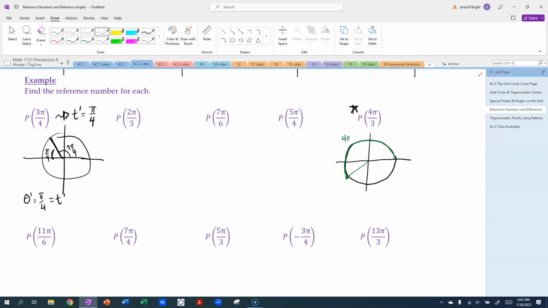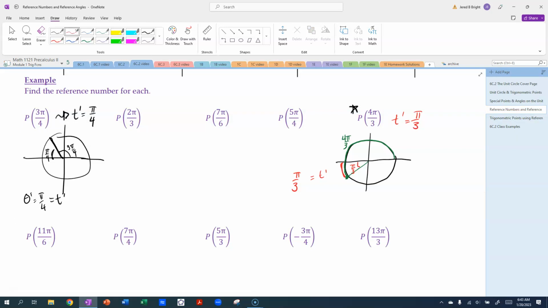This is 4 pi over 3, and since we're in quadrant 3, this would be our t prime, and for me, it's always easier to think about the angle. The angle up to the x-axis is pi over 3, so that means that t prime is pi over 3. So t prime here is not 4 pi, it's pi over 3.